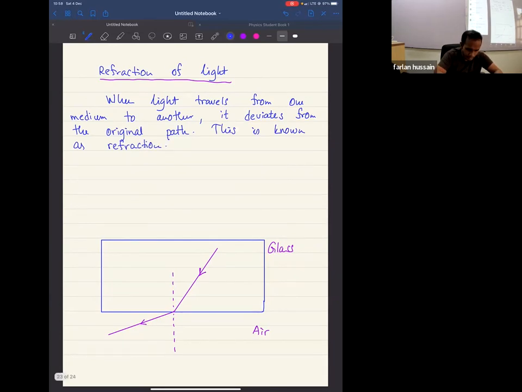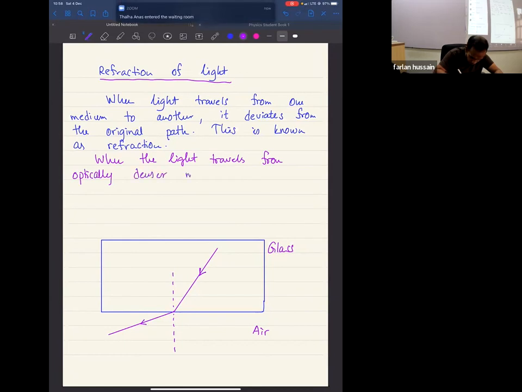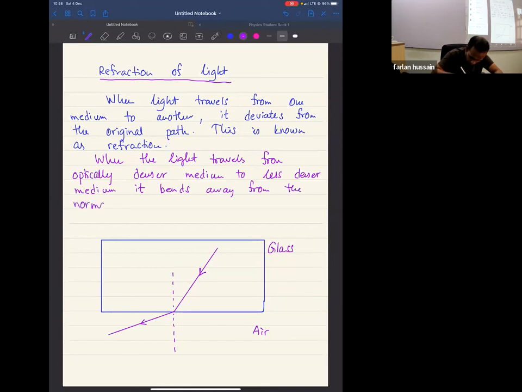And then right below that: when the light travels from an optically denser medium to a less dense medium, it bends away from the normal.